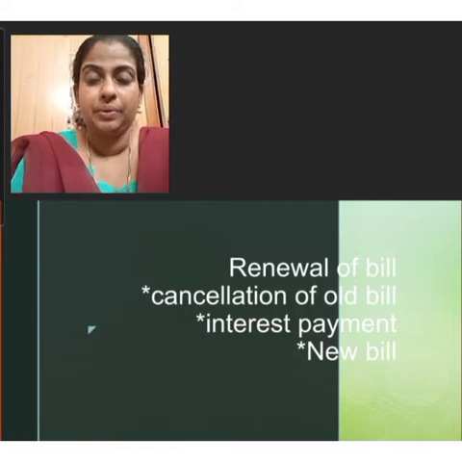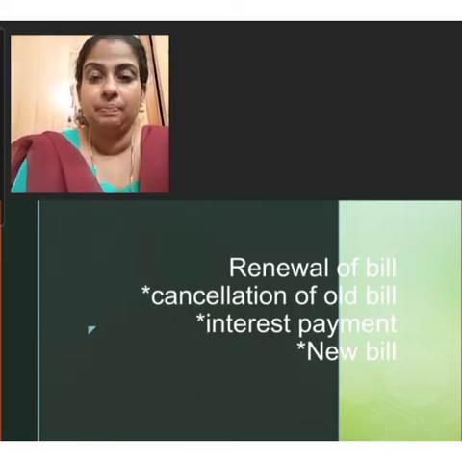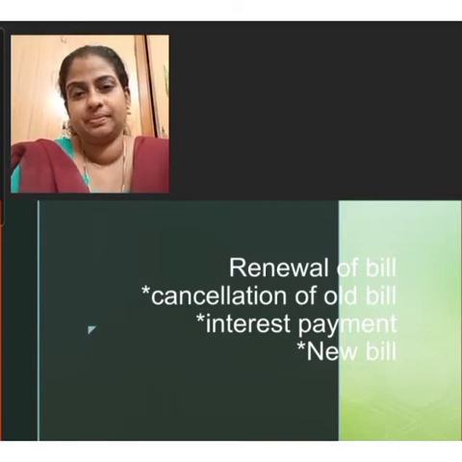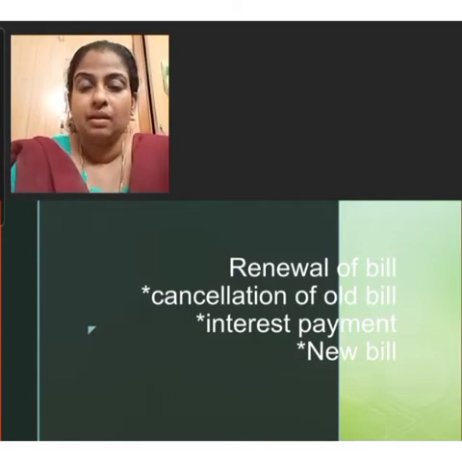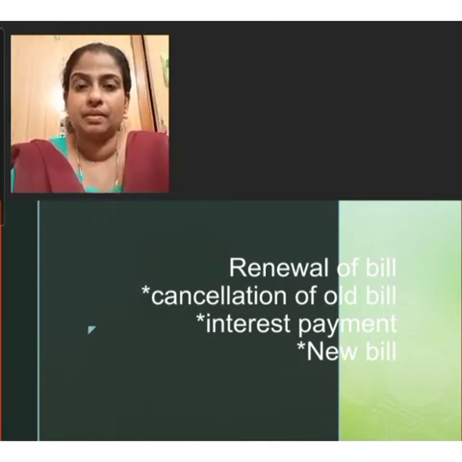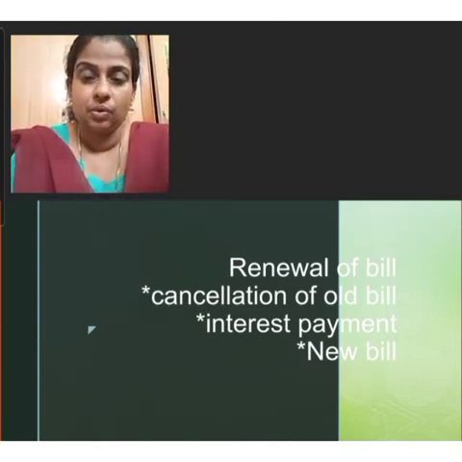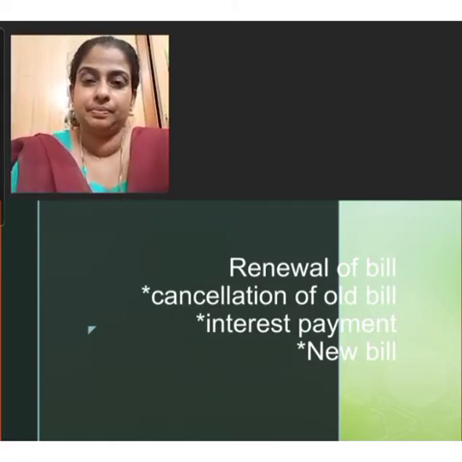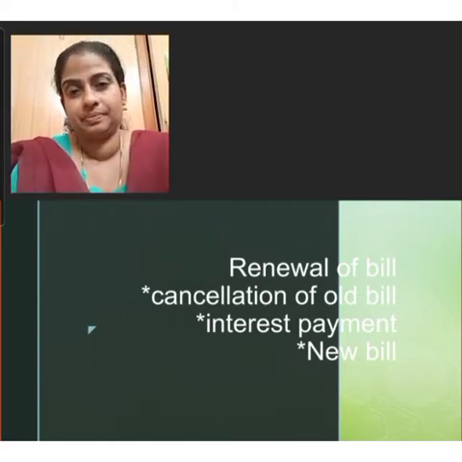On the due date, the entry will be bank account debtor to bill receivable account, being bill matured on due date. This is the case for retaining the bill till the date of maturity and renewal of the bill.